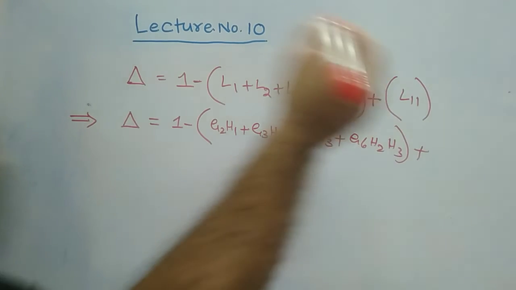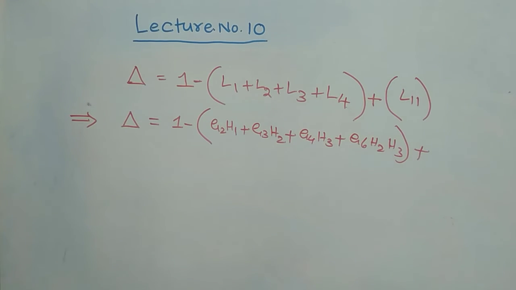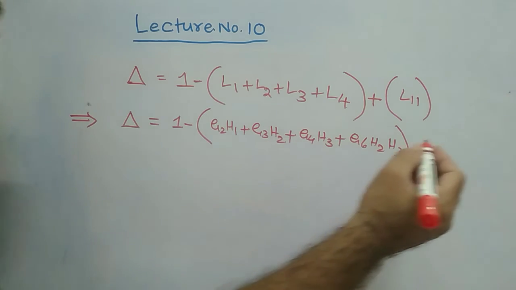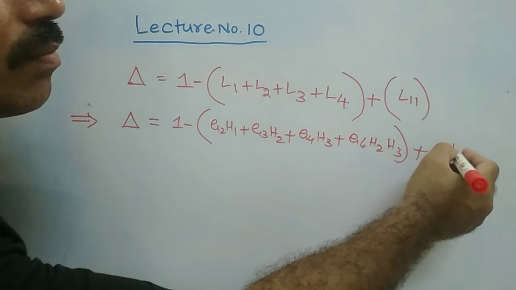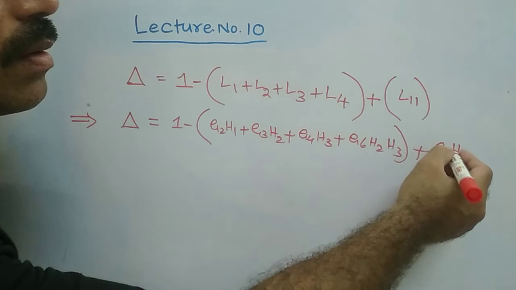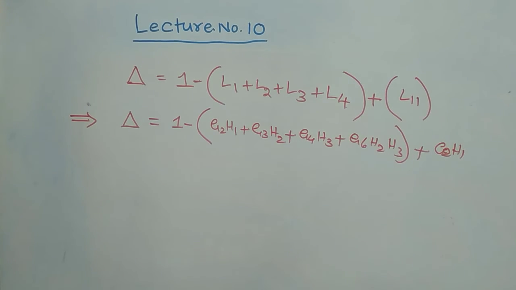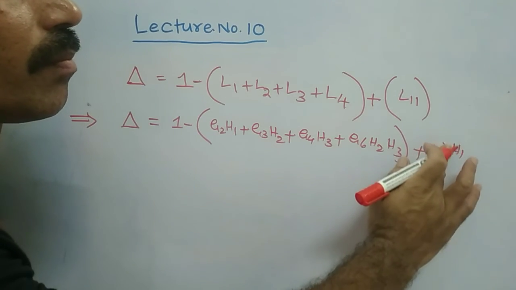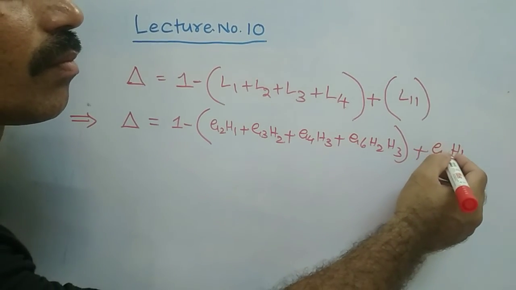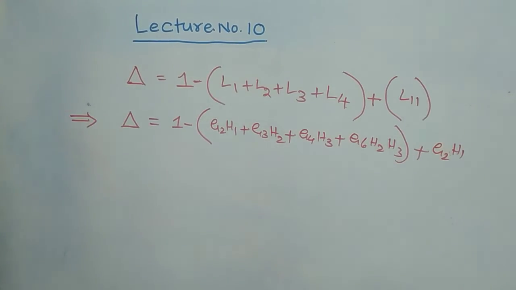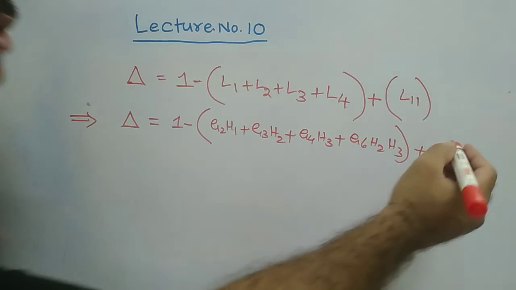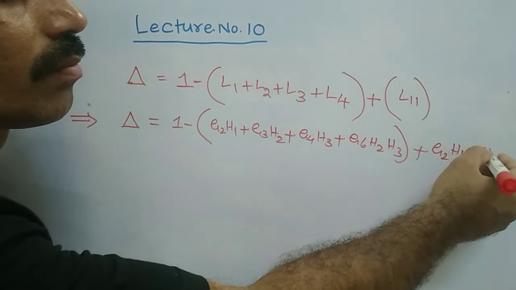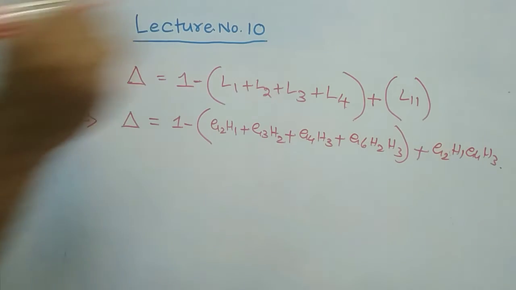Plus what is your L11? L11 is nothing but G2H1 and G4H3, that is G2H1 G4H3. This is what your delta is.